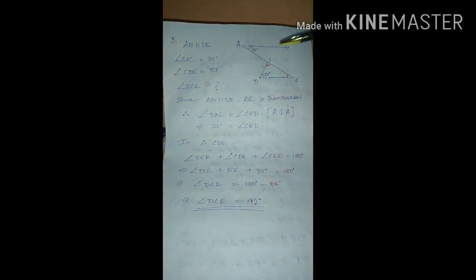Now after that, if you see the diagram here, very simple, this one is DCE. If you consider this triangle, the sum of these three angles is how much? 180 degrees. So that's why we write these three angles. Here DCE is one angle, then we write CDE, another angle, and the last one is CED.